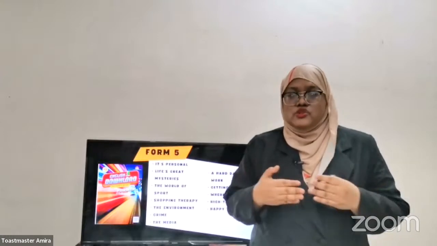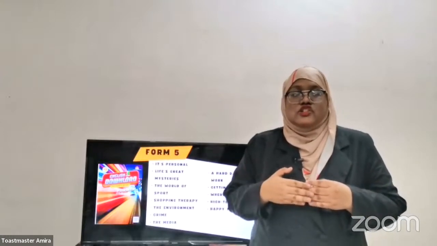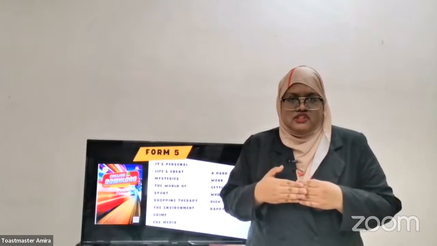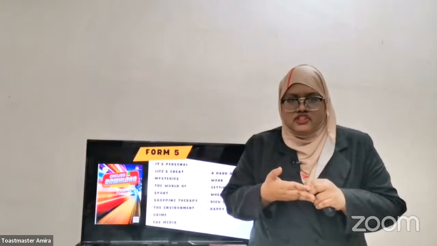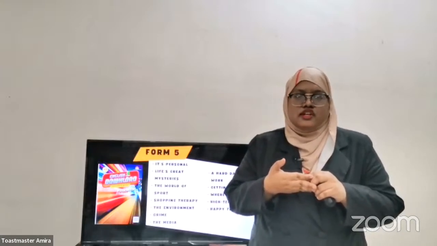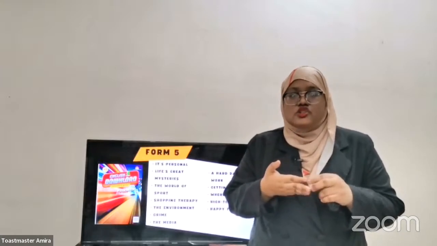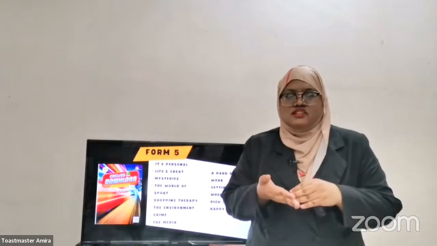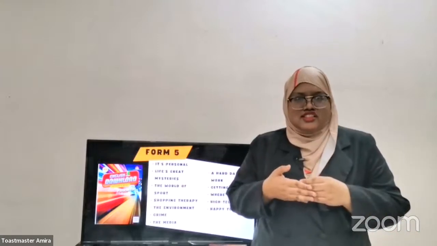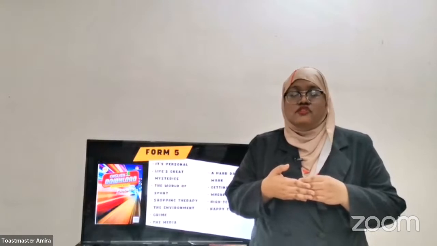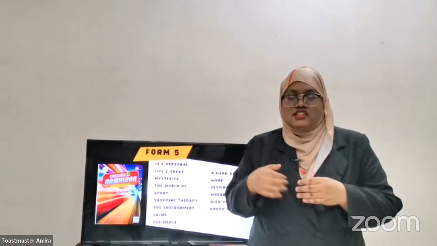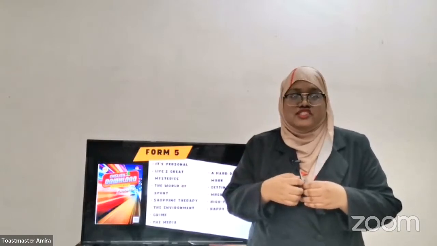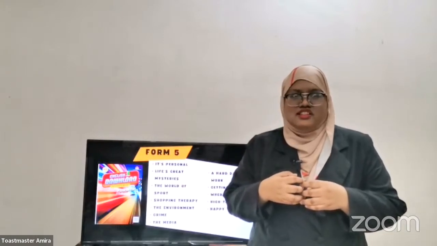So what you need to do is find the vocabulary, especially the difficult words in your textbook. After that, you need to find the meaning. Use your technology. Even if you don't have a dictionary in your hand, you can use Google.